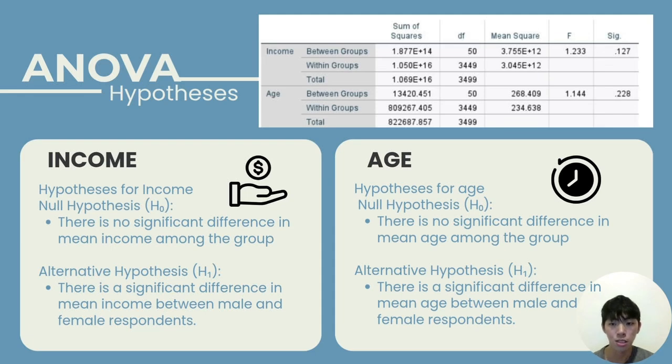Based on the table for age, F equals 1.1446 and the p-value is 0.228. Since p, 0.228, is bigger than 0.05, the null hypothesis is not rejected, and therefore there is no significant difference in mean age among the groups.